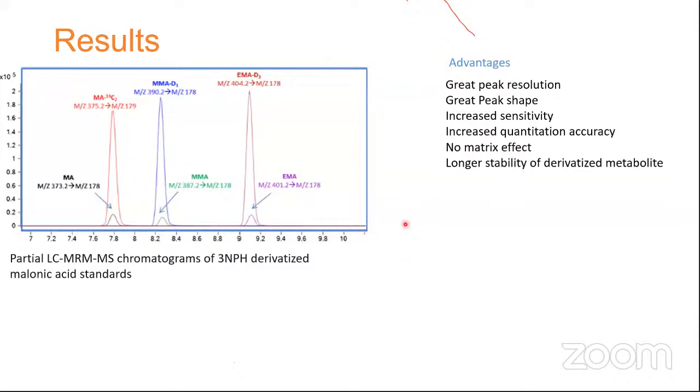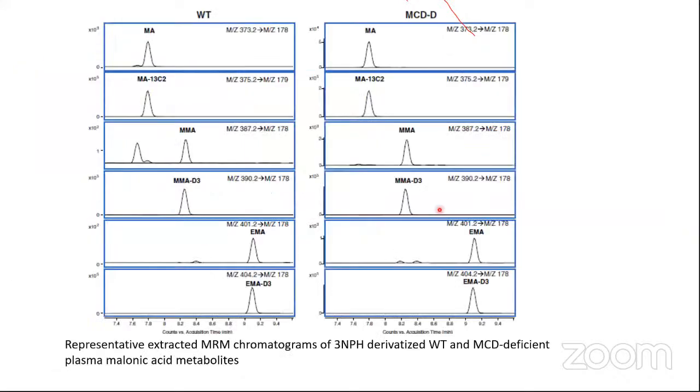The advantages of this method are great peak resolution and great peak shape, increased sensitivity, increased quantitation accuracy, no matrix effect, and longer stability of the derivatized sample. If the physiological concentration of the sample is very low, you can also test it by this method. And these are the chromatograms from the samples.